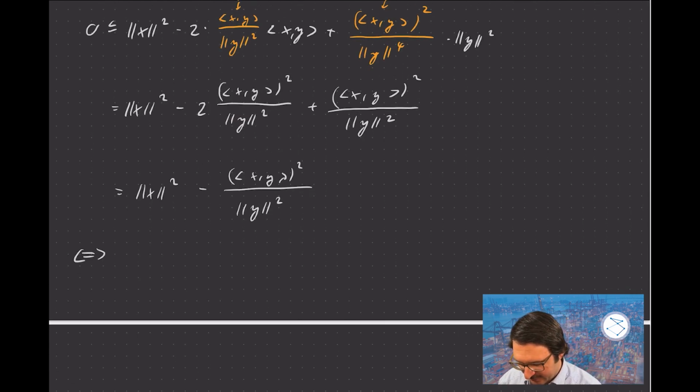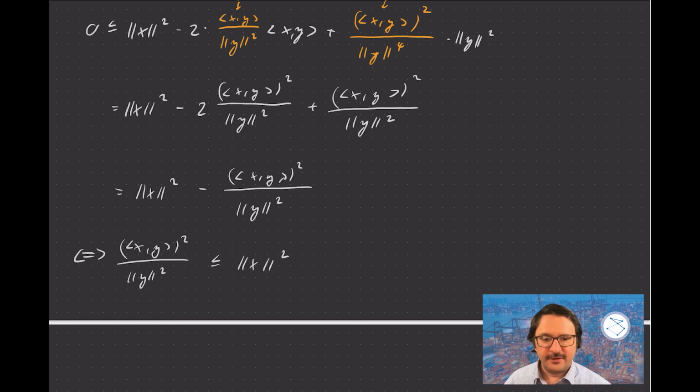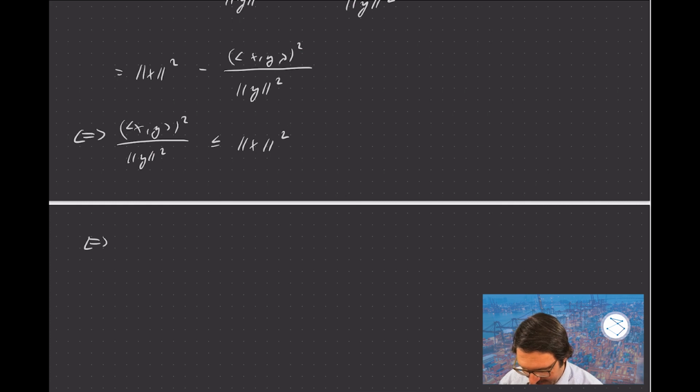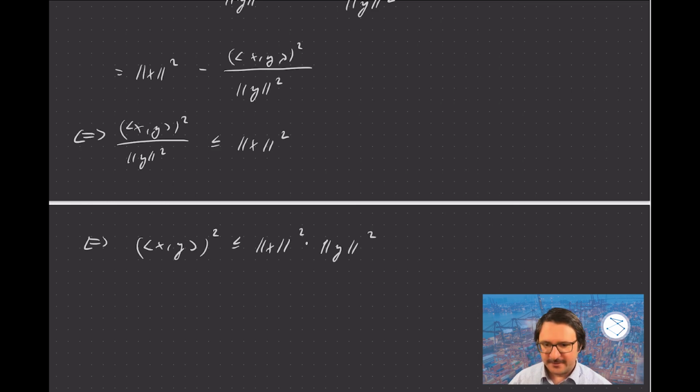And now let's reformulate that a little. So what we do is we take this here to the left, and then we get the scalar product squared over y norm squared is less or equal to the norm of x squared. And then of course we can multiply with its denominator here. And that yields the scalar product of x and y squared is less or equal to x norm squared times y norm squared.